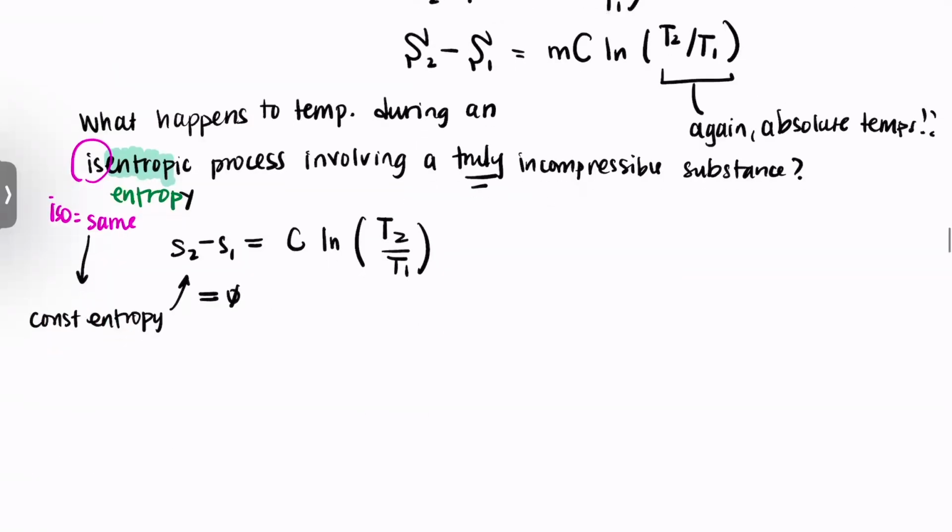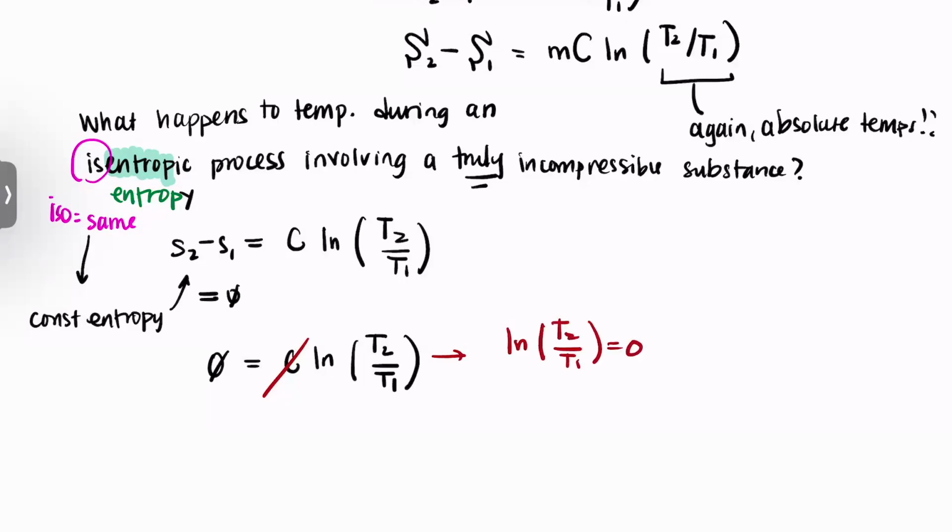Yeah. Okay, so that means that we have 0 is equal to C times the natural log of T2 divided by T1. All right. So I want to figure out what T2 divided by T1 is doing, right? So what do we have? I can divide through by C because it's non-zero, right? So I have natural log of T2 over T1 is equal to 0.